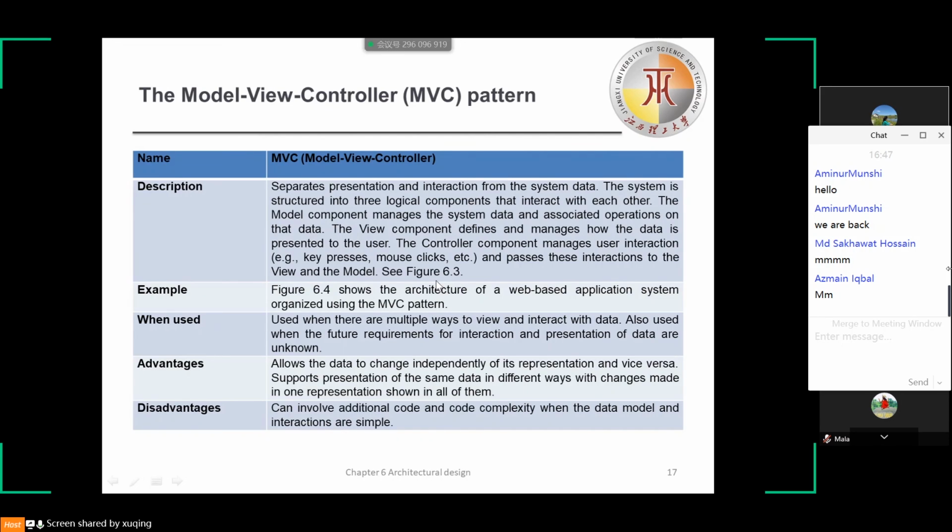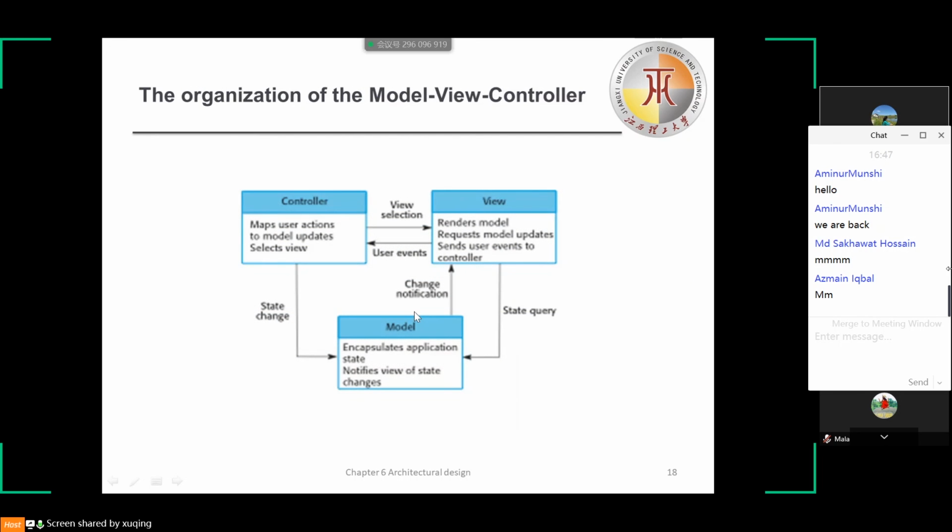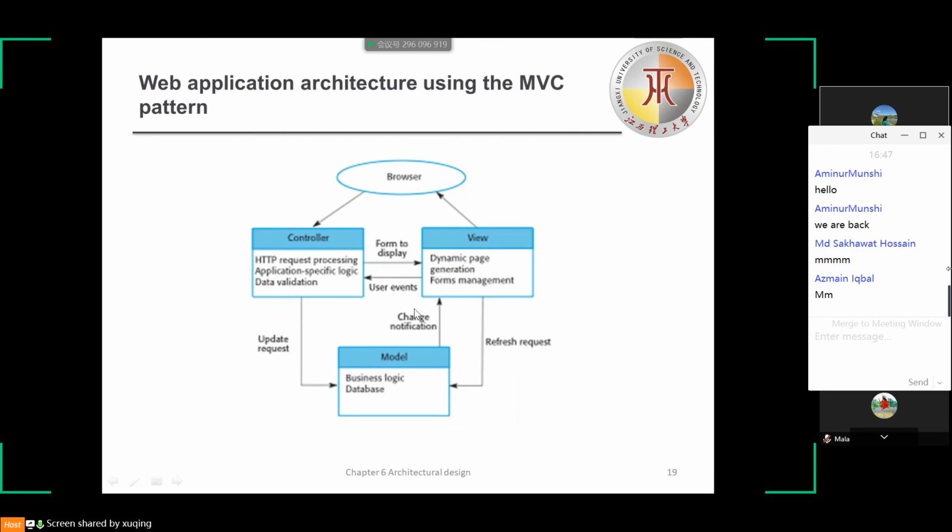Here we can present the associated architecture of this model from different views. Here is a conceptual view, and this one shows a possible runtime architecture when the pattern is used for interaction management in a web-based system.